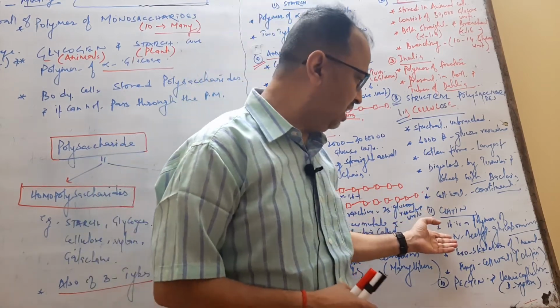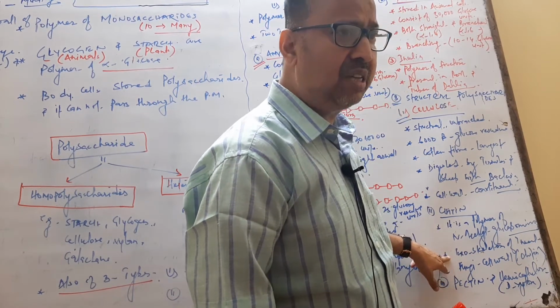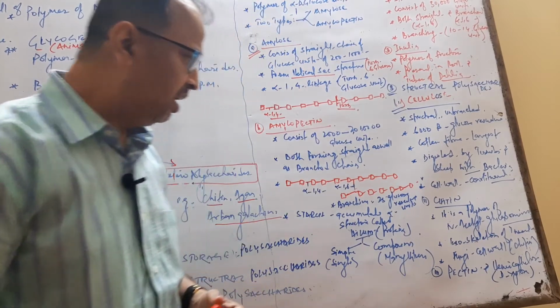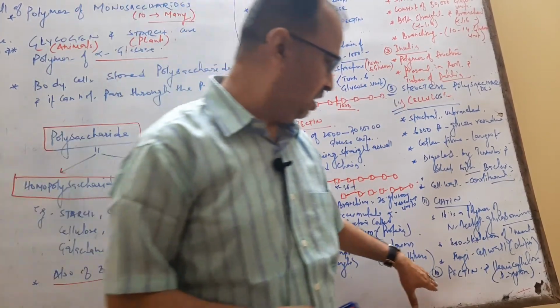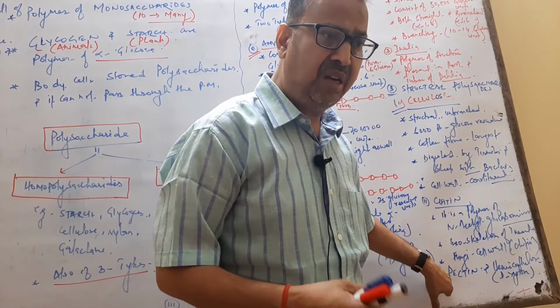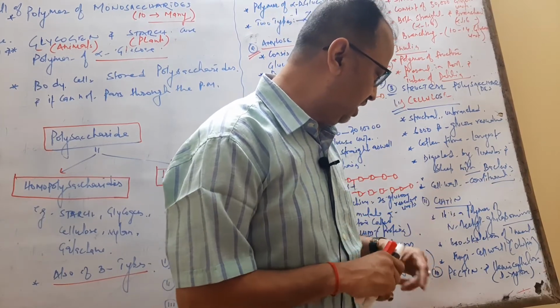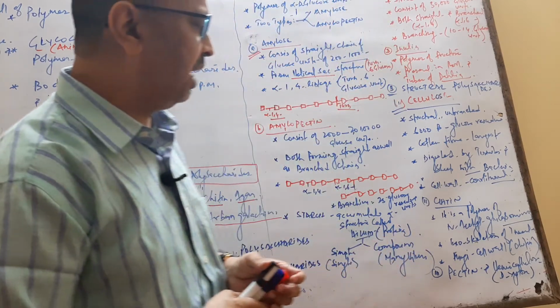Another is chitin, a polymer of N-acetyl glucosamine present in the exoskeleton of insects and the wall of fungi. Then pectin and hemicellulose. Pectin is present in the middle lamella and helps in connecting the cells during cell division, and hemicellulose consists of dextroxylose.